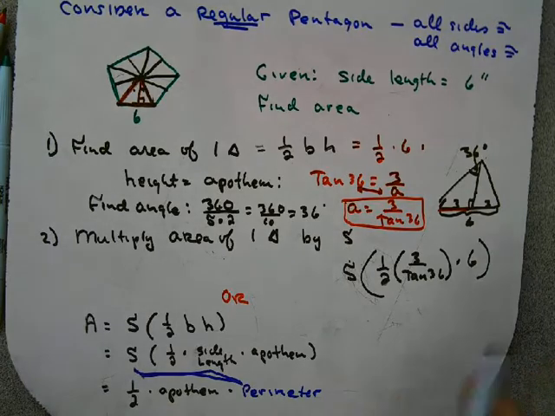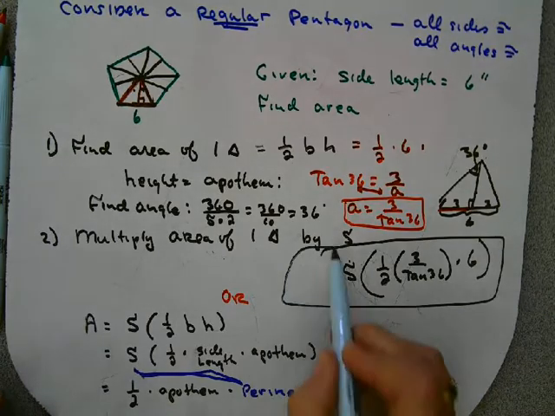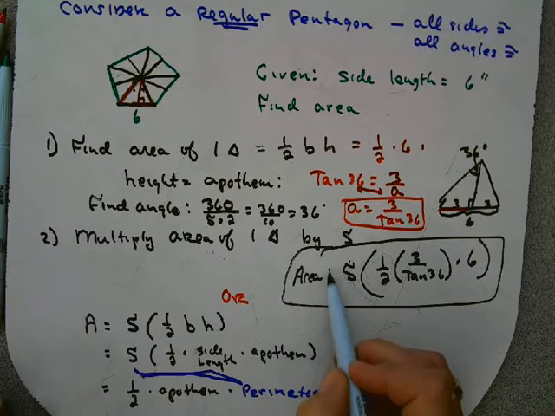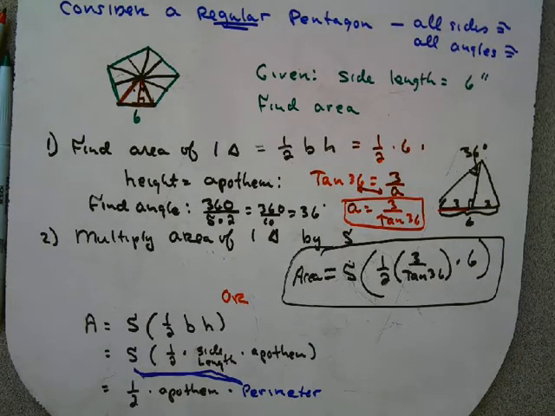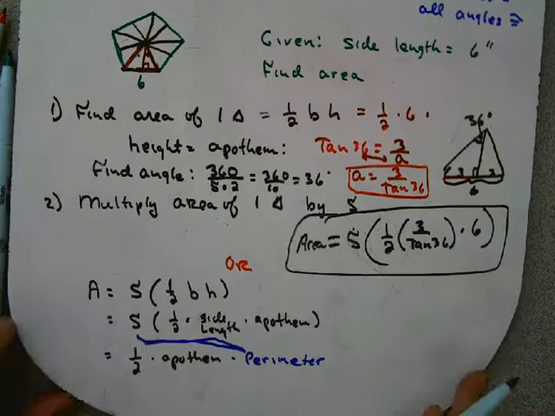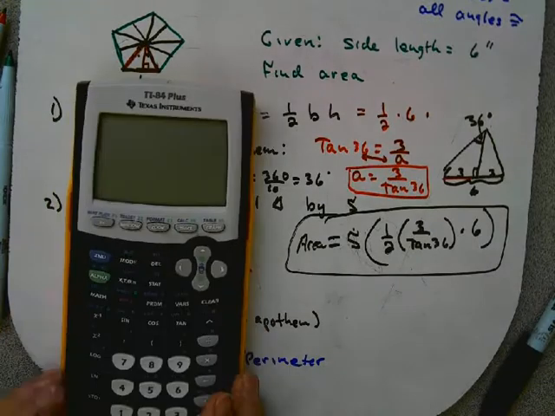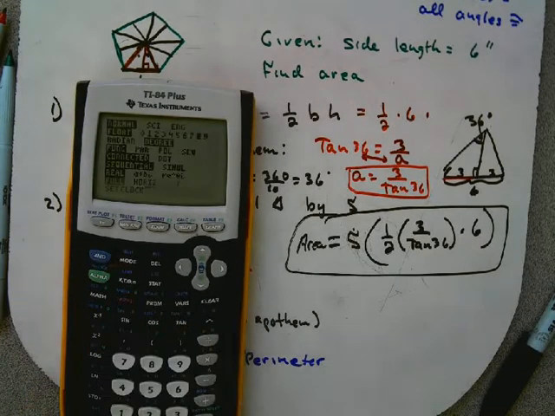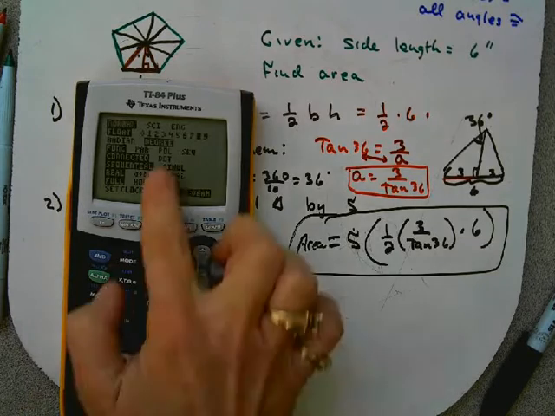Now, another way to think of that, there's the area. Let's just do that first. Check your mode. Okay, I'm in degree mode.